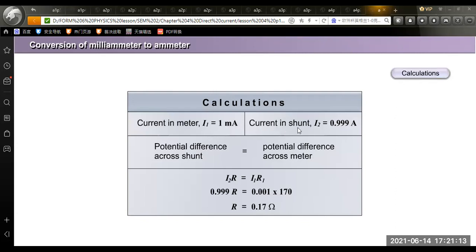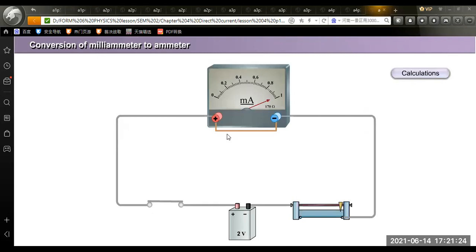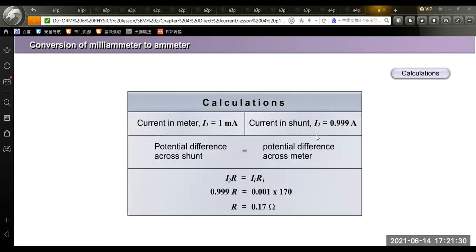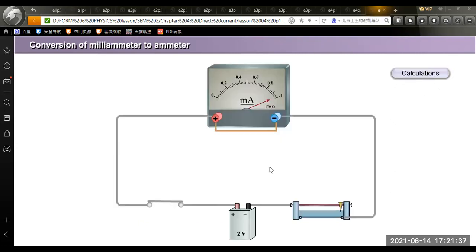Okay, current in the shunt is I2. That means that it will be 0.999 ampere. Okay, so here this will be the shunt. So from here, the potential difference across the shunt will be equal to the potential across the meter.